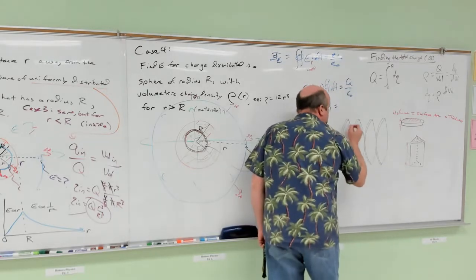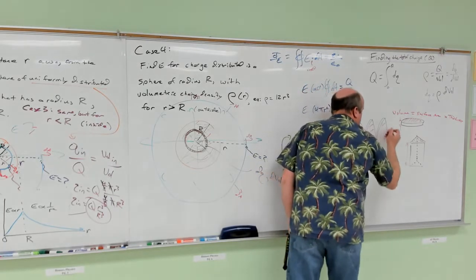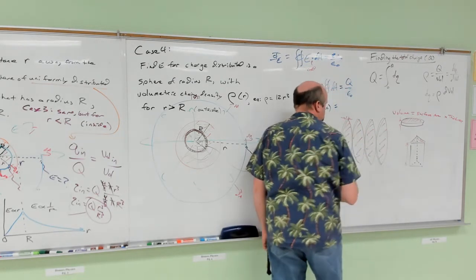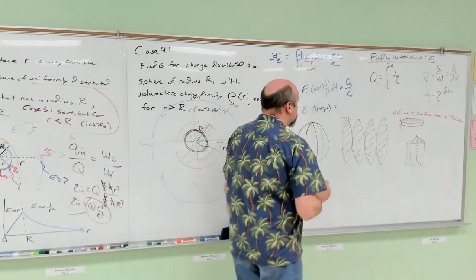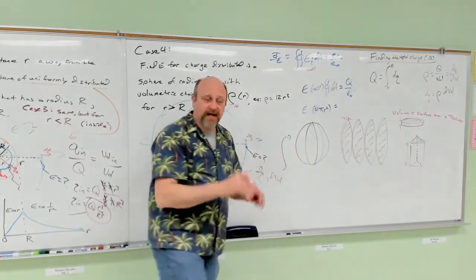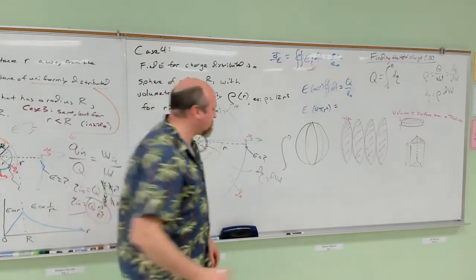So with this guy, I'm going to take all the surface area of that top surface, times the thickness. All right? Hey, what's the surface area of a sphere? Well, that outer surface, again, formula sheet, that's 4 pi r squared.